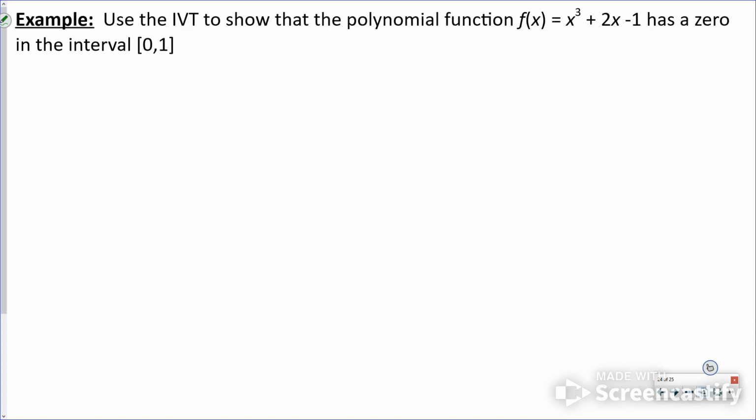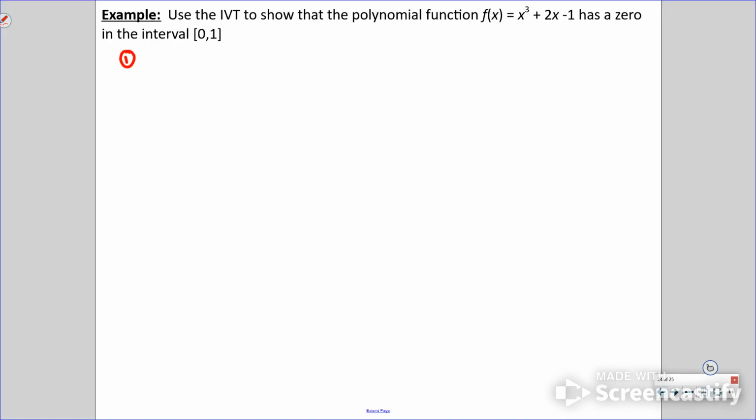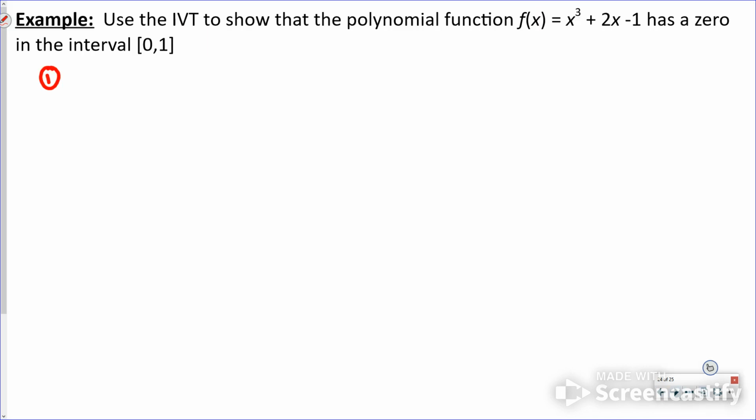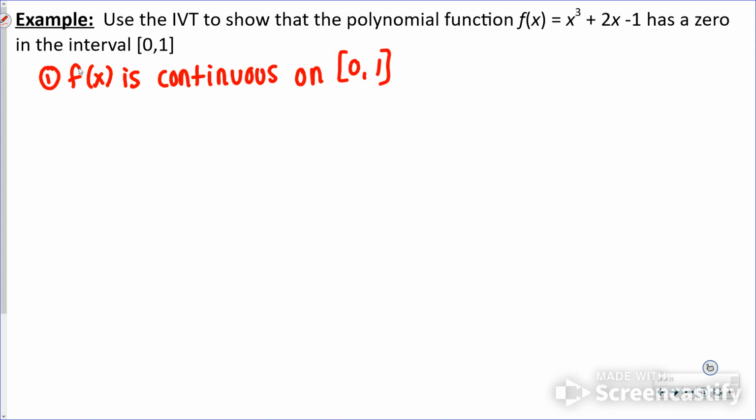All right, so before we can even use this theorem, I have to show that the function's continuous. So I'm going to number this as 1. Referencing back to this page, this is what we have to do first. You have to state the function, so I'm just going to use f of x, that was the notation they used, is continuous on the interval 0 to 1 because, any ideas why that's continuous there? Good job!